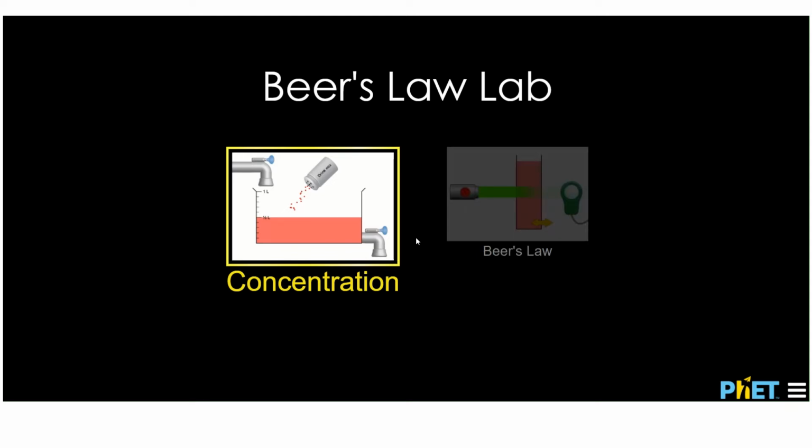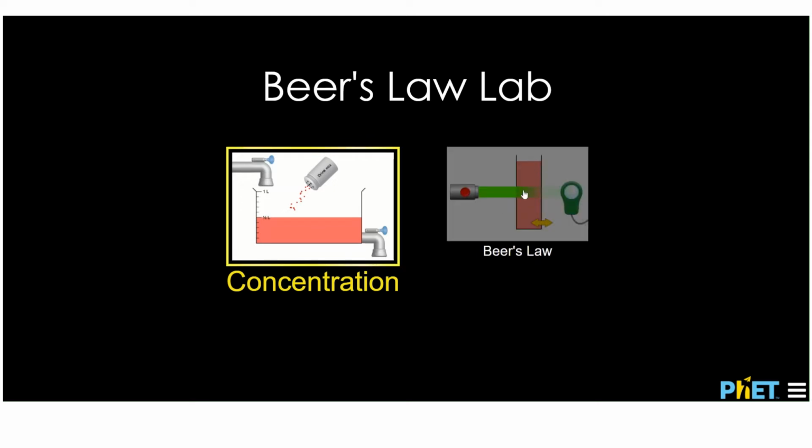So we're on part 1. You open up the lab and you have two panels, as step number 2 states. The first panel has to do with concentrations. You can adjust the volume, you can add solute, and you can see how the concentration changes.